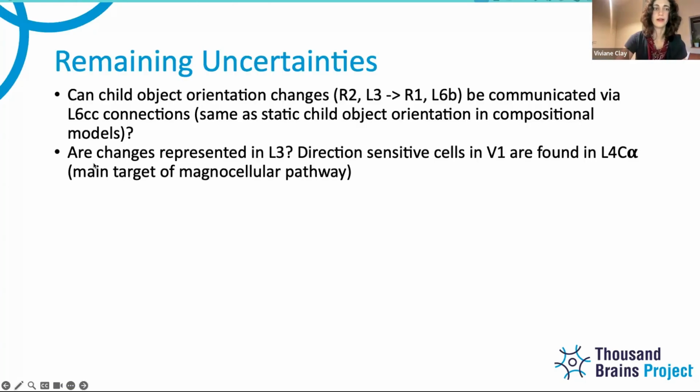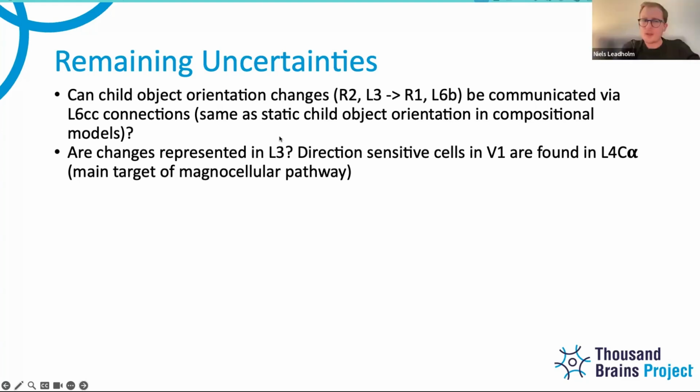And then, whether changes are actually represented in L3, because from a lot of papers, it seems like direction sensitive cells in V1 are usually found in layer 4C alpha, which is the main target of the magnocellular pathway. So maybe a brief comment on that.